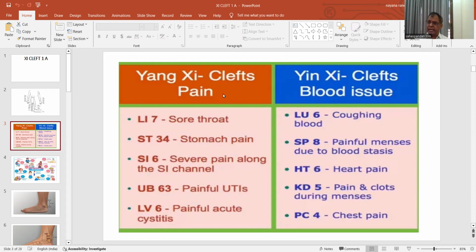And on the second day, if the patient drinks a lot of water, the stone will fall down. Okay. Then pericardium 6. It is for the chest pain. If there is an acute unbearable chest pain, pericardium 6 works for the chest pain.